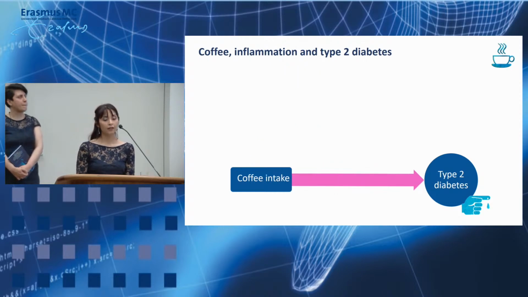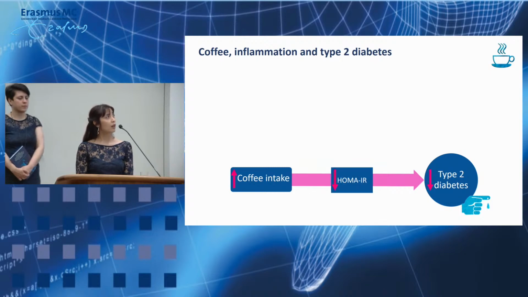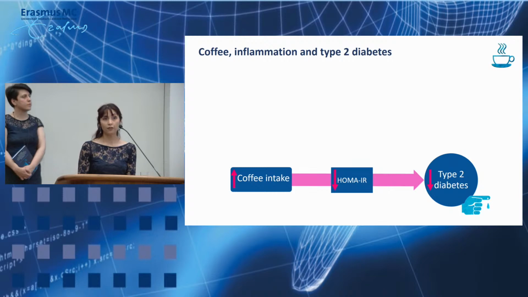In another original study, I wanted to study the link between coffee consumption and type 2 diabetes risk. And I found that higher coffee consumption was linked to lower insulin resistance over time, as well as lower risk of type 2 diabetes.